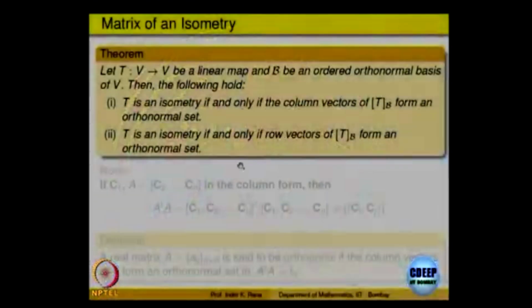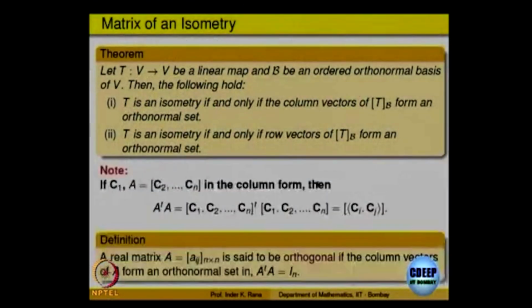So it says that if T is a linear transformation from one vector space to another, you take an ordered orthonormal basis of V, look at the matrix corresponding to that, then T is an isometry if and only if the column vectors are orthonormal, and equivalently the row vectors are also orthonormal. So we will assume this theorem, but let us see what the consequences are.